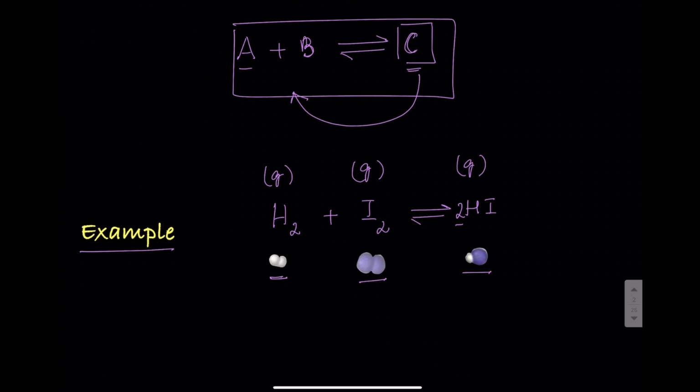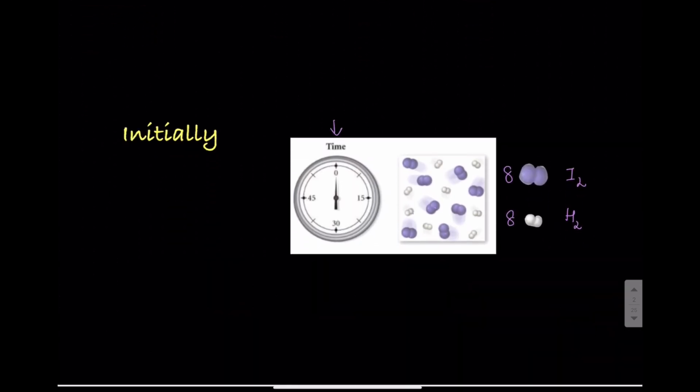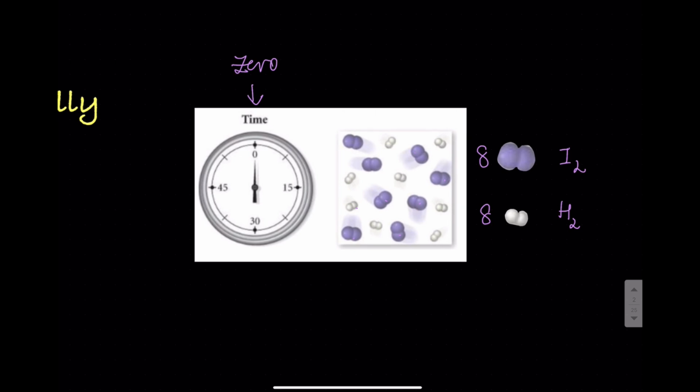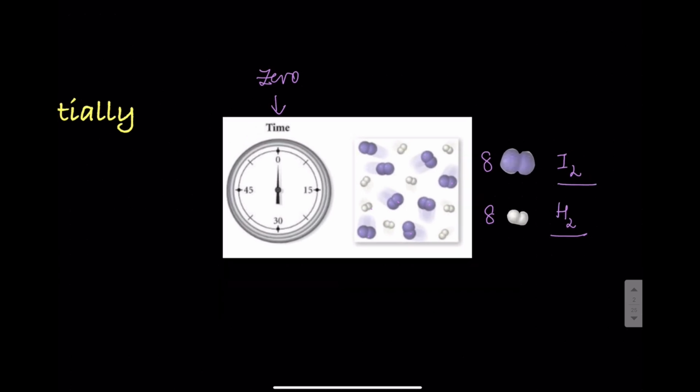You can see that initially when we start out the reaction at time 0, we only have hydrogen and iodine. So if you look at a reaction mixture, I have time 0 here. At this point, the reaction hasn't started, and we only have iodine and hydrogen gas, as individual gases.